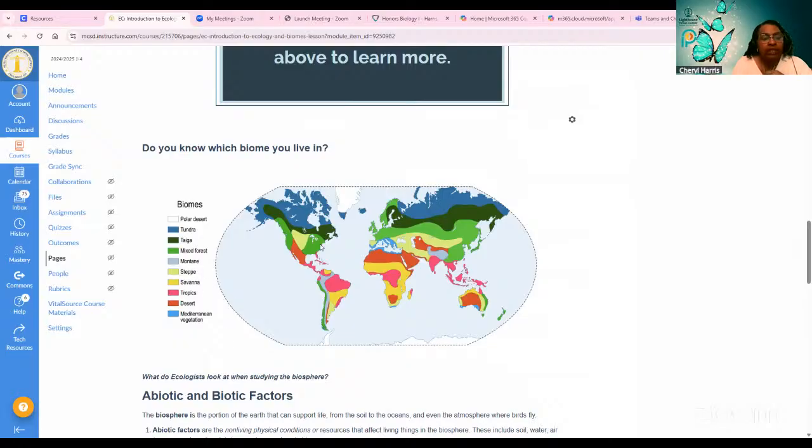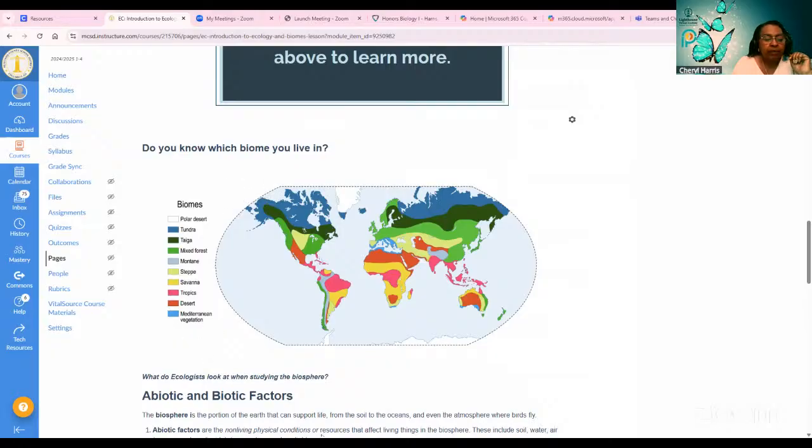The taiga is kind of like where Canada is, and tundra is above that, that's cold. And you can have a polar desert where it's cold and nothing lives there. The same thing with the Arctic, the North Pole, South Pole kind of thing. So that's where your polar deserts are.